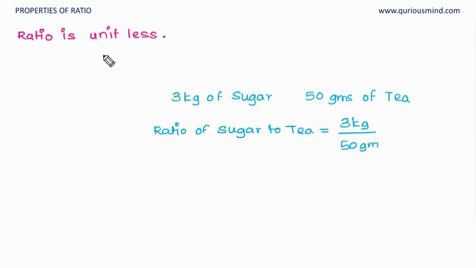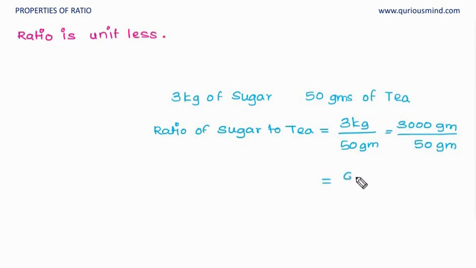But we have said ratio is unitless. We don't want unit in the ratio. So what we need to do? We need to convert this 3 kilogram into grams, which will be 3000 grams upon 50 grams. And that ensures that the gram gets cancelled. And 1 zero gone, 1 zero gone, here 5 6s are 30.